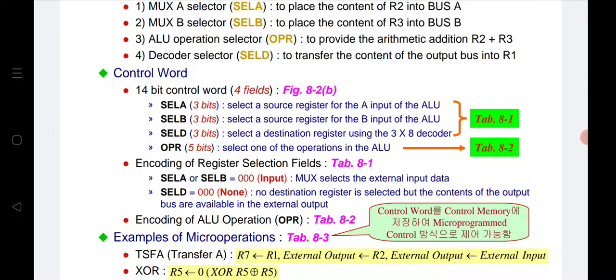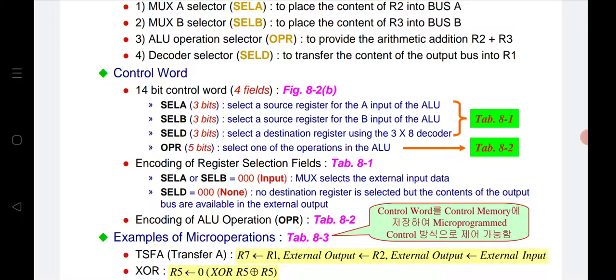Next, D is nothing but your destination register. OPR is nothing but what type of operation I need to select. That you are going to select by using this particular control word.